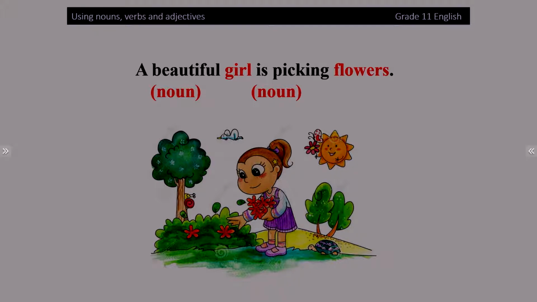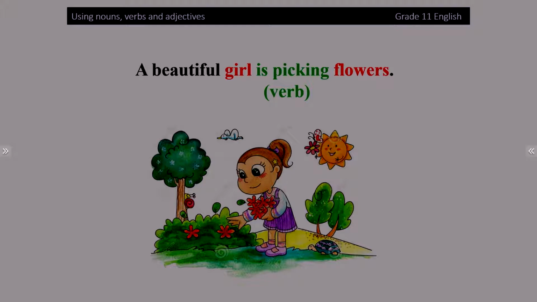Okay, so that's clear. Maybe you have found out the verb now or the adjective, and we are going to see. Okay, it's is picking. Now you know, is picking is an action. You see, this little girl is picking some red flowers and it is an action. So we have given that in our sentence and it takes the form of the verb.